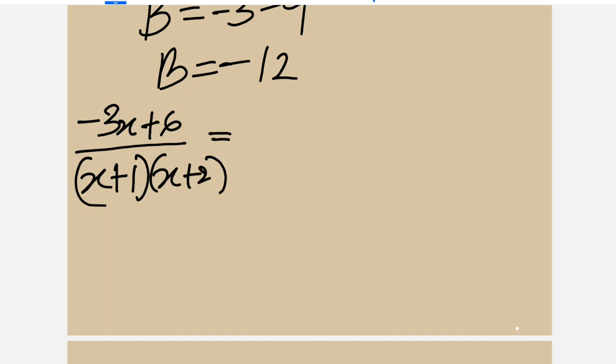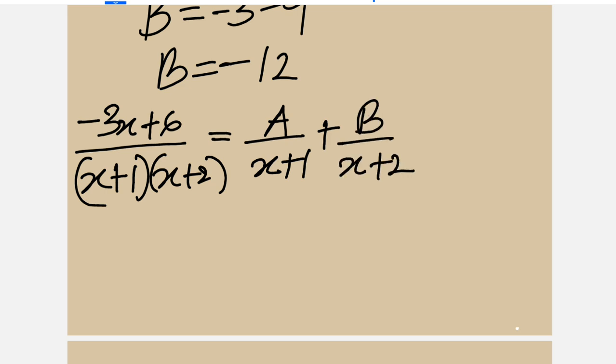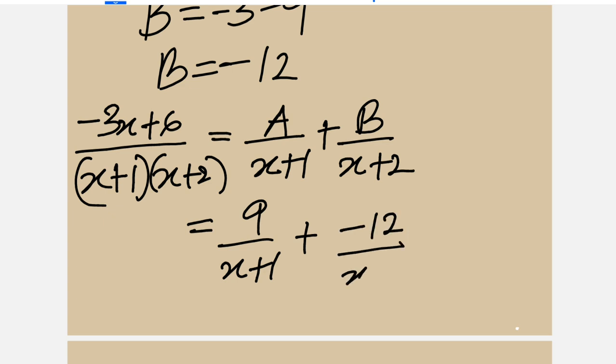Recall that we write it in the form of a over x plus 1 plus b over x plus 2. So now we have gotten the value of a and b. The value of our a is plus 9, that is 9 over x plus 1. Our b is minus 12 onto x plus 2.